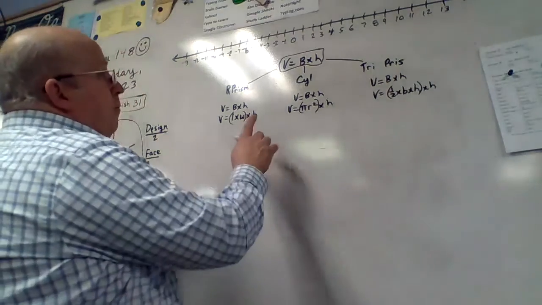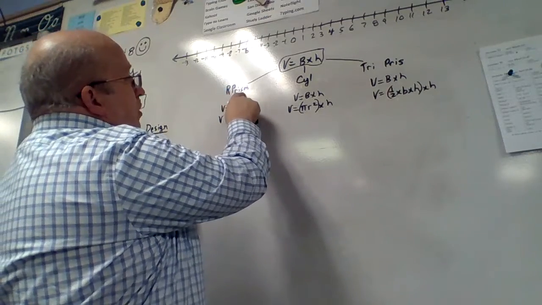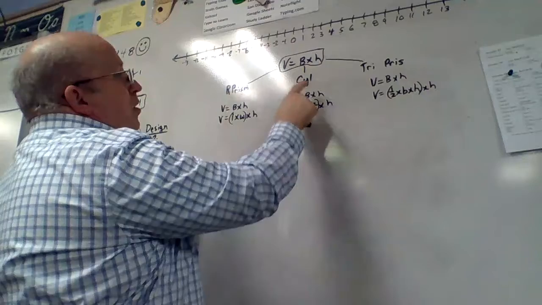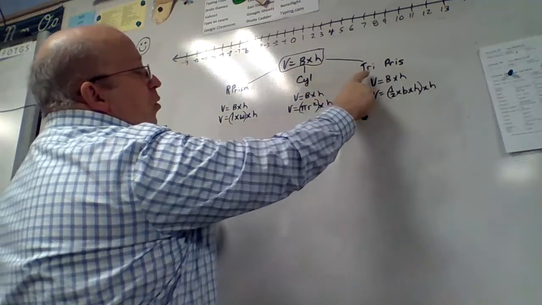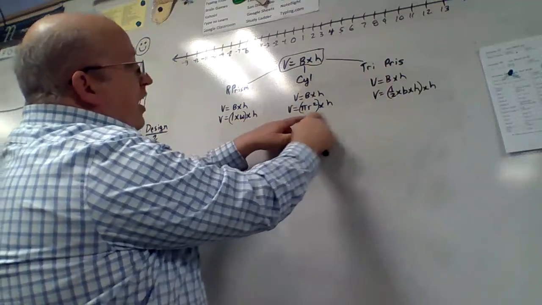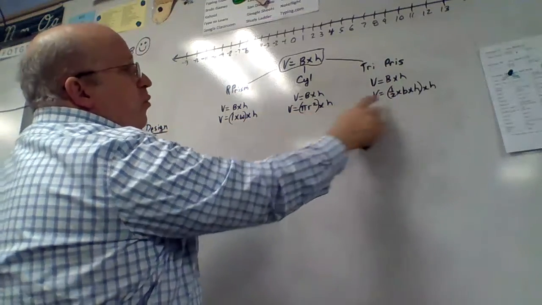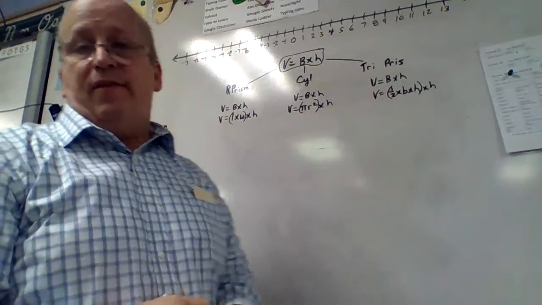Now, when that gets used in rectangular prisms, cylinders, or triangular prisms, the formula changes because each of the bases of those shapes is slightly different.